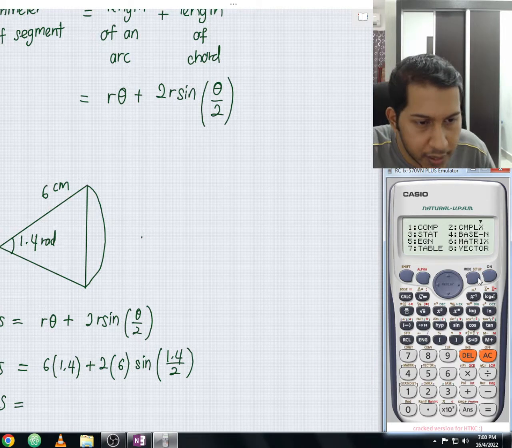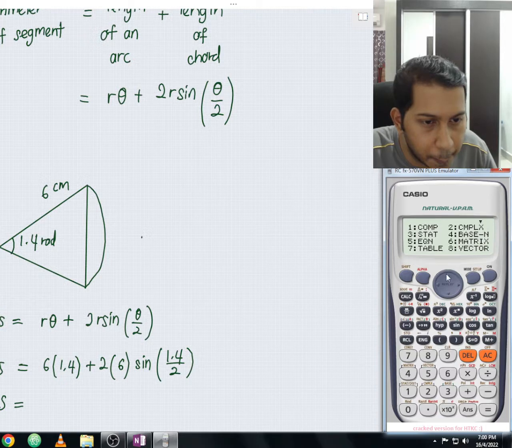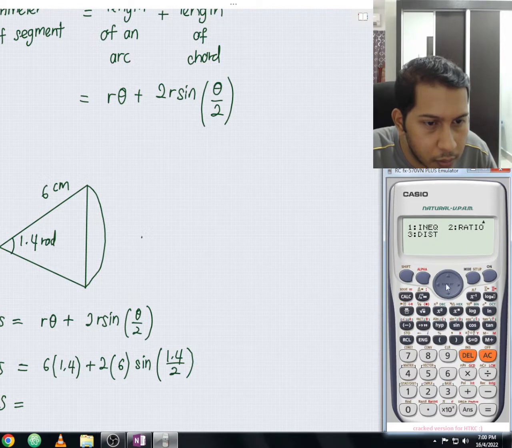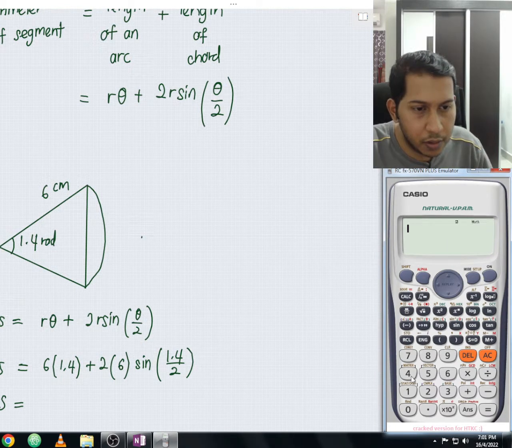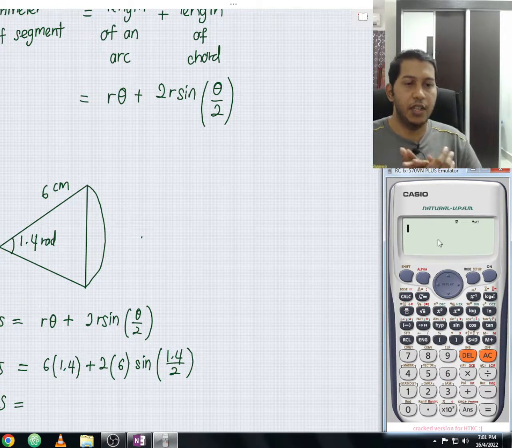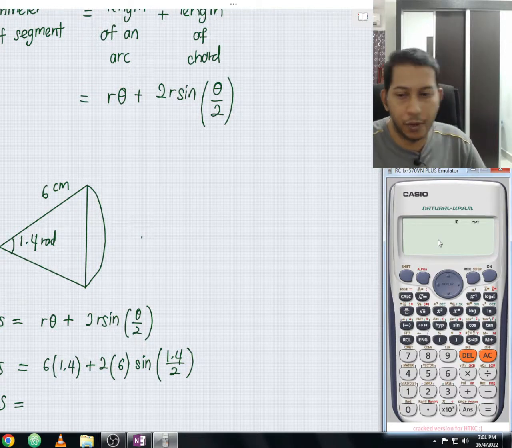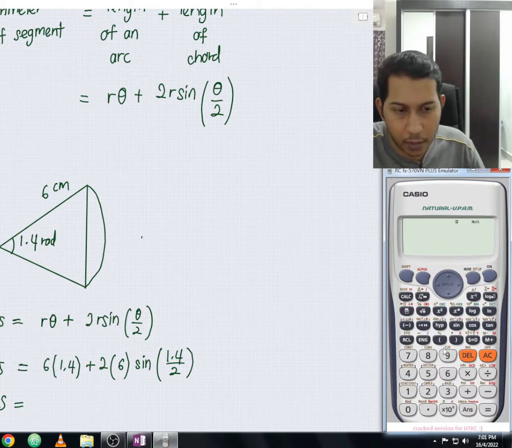But before that, it is better for us to change the mode into radian form. Shift mode, press number 4. Now we have officially set our angle into radian form.